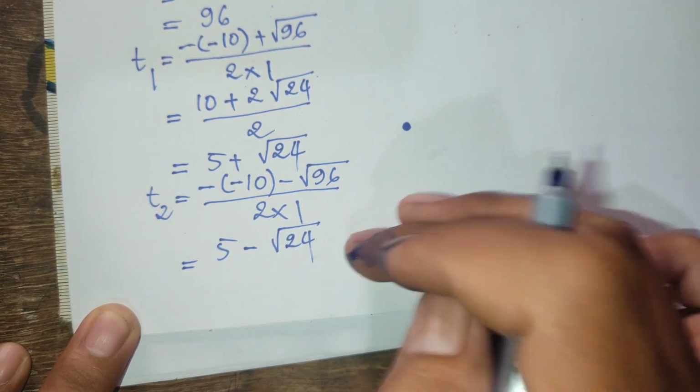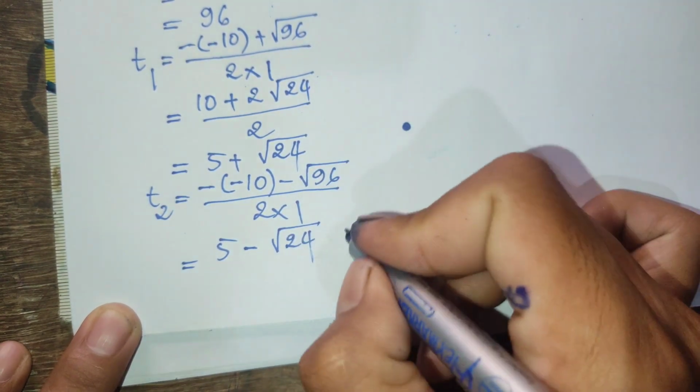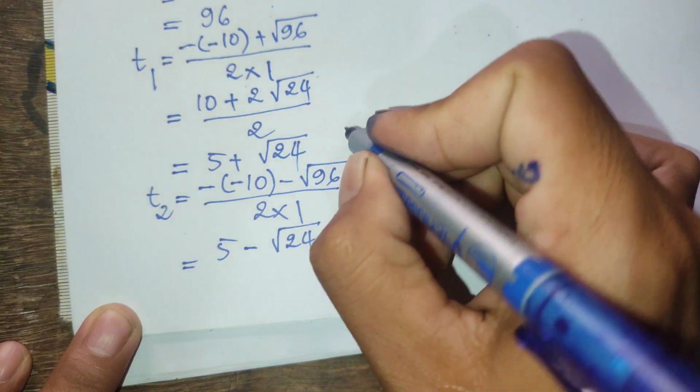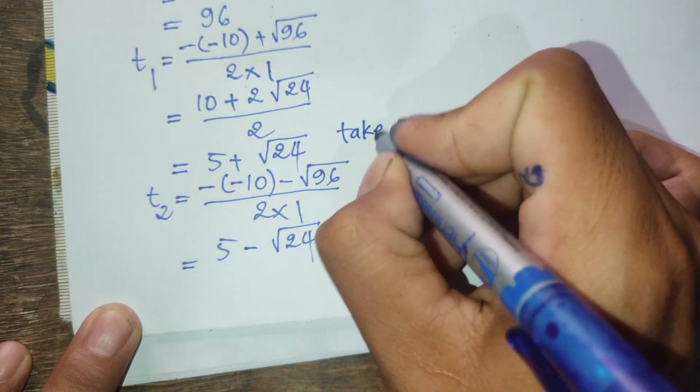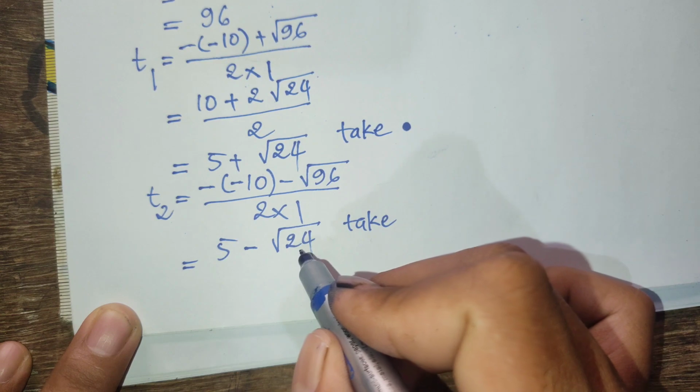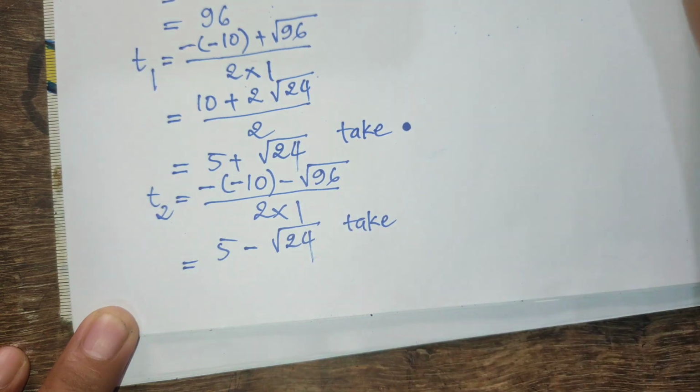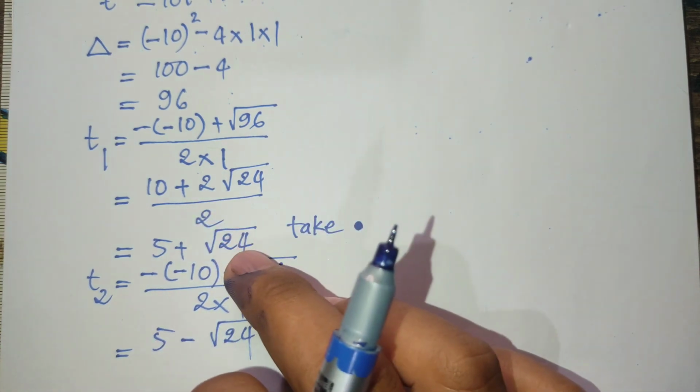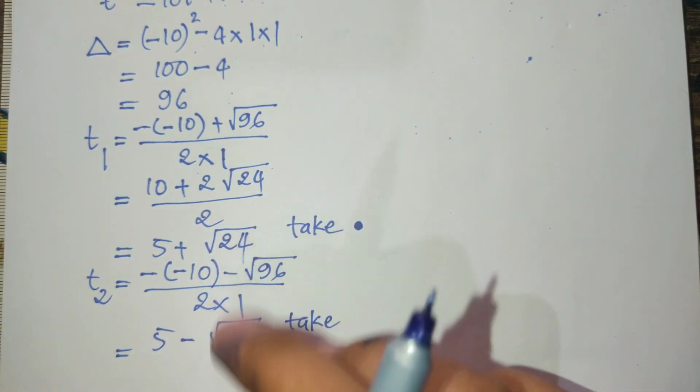This one is also acceptable, because square root of 24 is smaller than 5, so it is positive. Now I use this before.